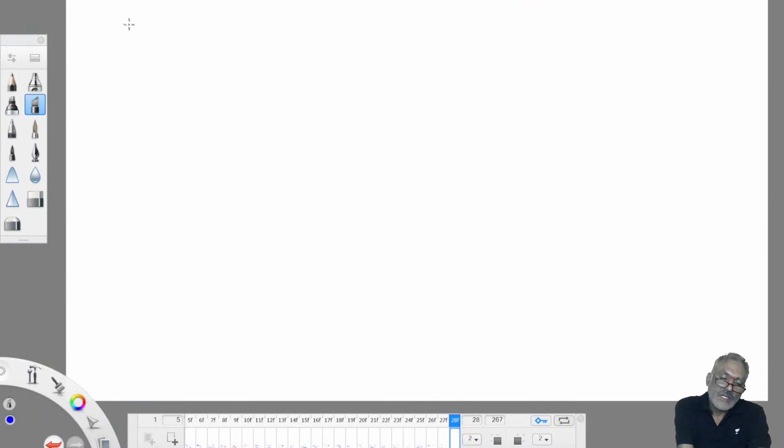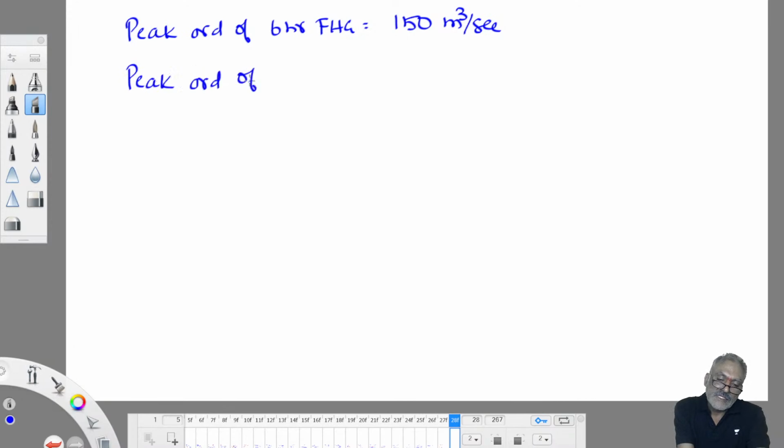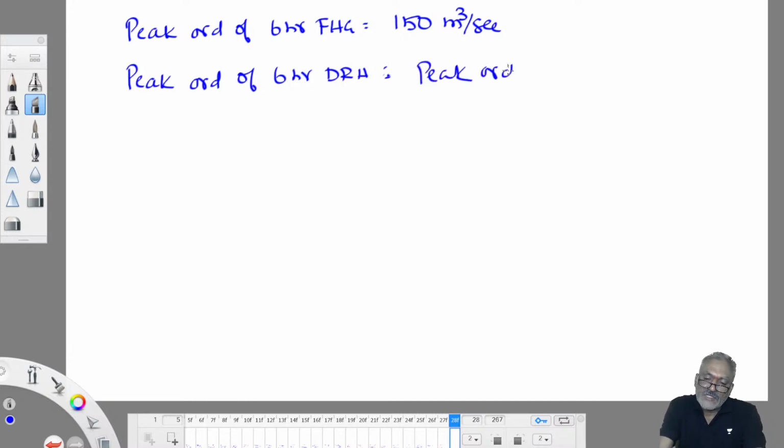The peak ordinate of the 6-hour flood hydrograph is 150 meter cube per second. That is the peak flood discharge in the river. From this we can find the peak ordinate of the 6-hour direct runoff hydrograph, using the assumptions of time invariance and linear response: peak ordinate of flood hydrograph minus base flow. Base flow given in the question is 6, so this must be 144.